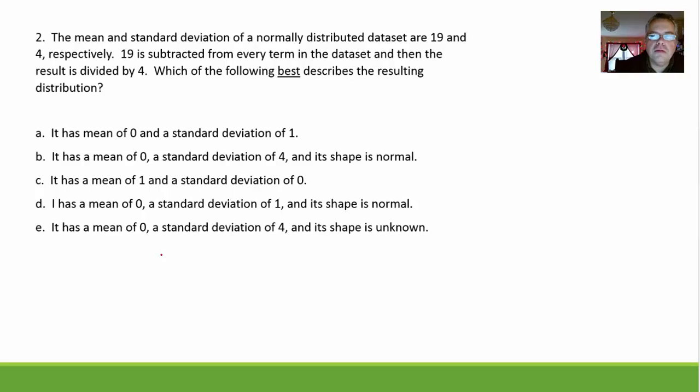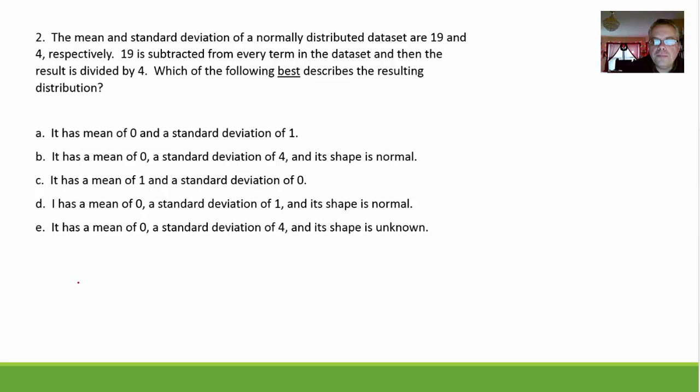This one is exactly from the book, I believe. The mean and standard deviation of a normally distributed data set are 19 and 4 respectively. 19 is subtracted from every term, and then the result is divided by 4. Which one of the following describes the result of the distribution?